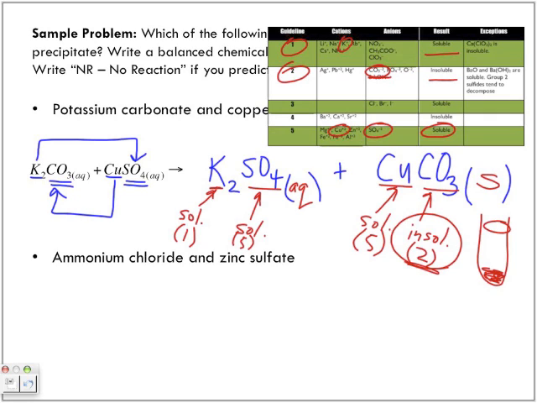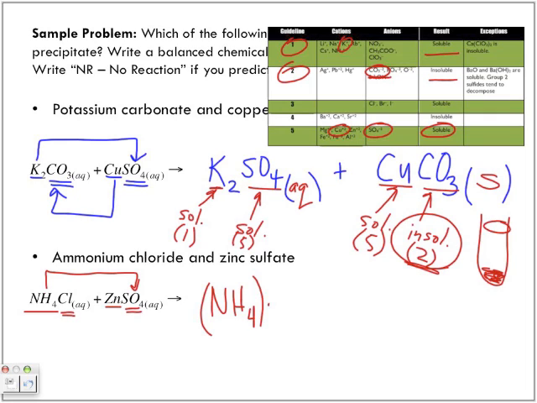Now let's look at the next example here. Ammonium chloride and zinc sulfate. So we know here's the ammonium, the metal, non-metal. Metal, non-metal. When we put these together, the ammonium is going to combine with the sulfate, and we're going to get NH4 2SO4.